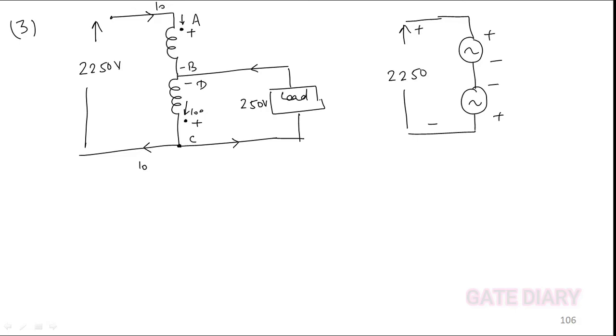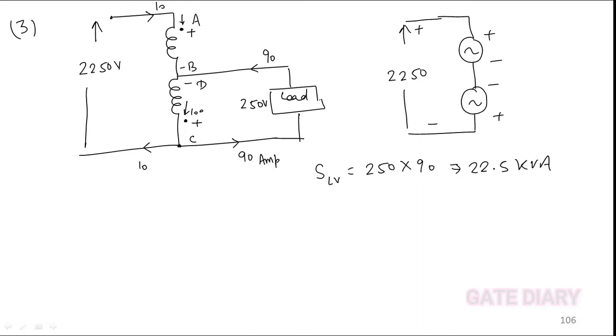So 100 amps is coming and 10 amps is going. You can apply KCL on this node. 100 amps is coming, 10 going, so here you will get 90 amps. So how much power will this load consume? S_LV, how much? 250 into 90, and you will get 22.5 kVA.